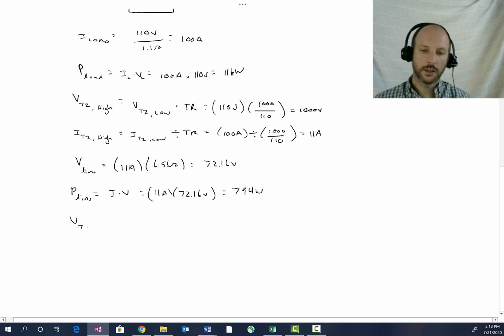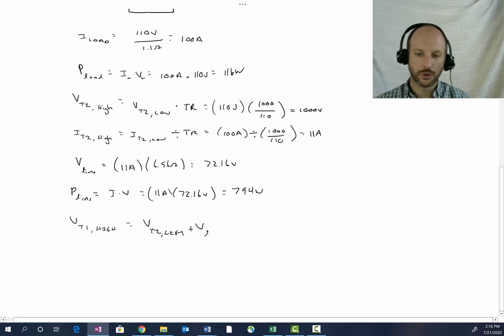To calculate the voltage at the high side of transformer 1, we're going to use Kirchhoff's voltage law around the distribution system loop. That is the sum of the high side voltage on transformer 2, so the left side of transformer 2, plus the voltage dropped across the line resistance. So that's 1000 volts plus the 72.16 volt drop across the distribution line.